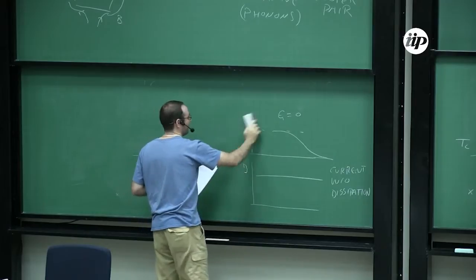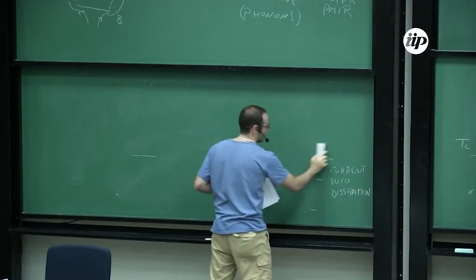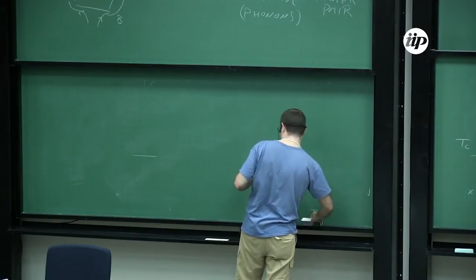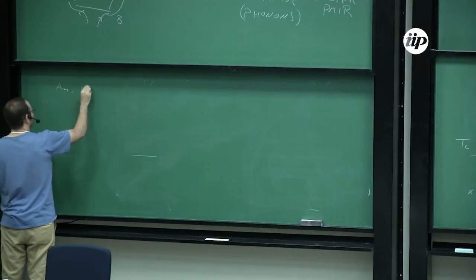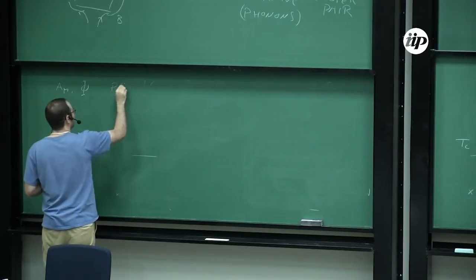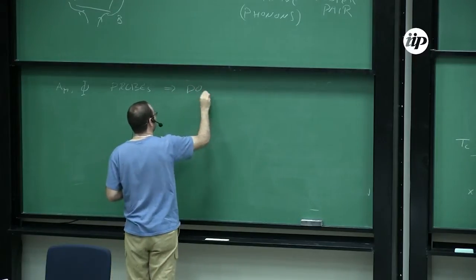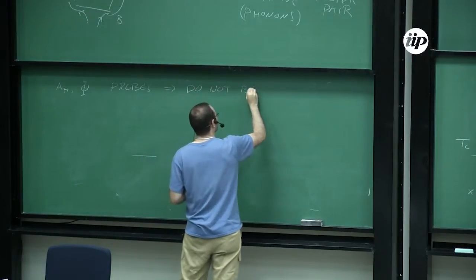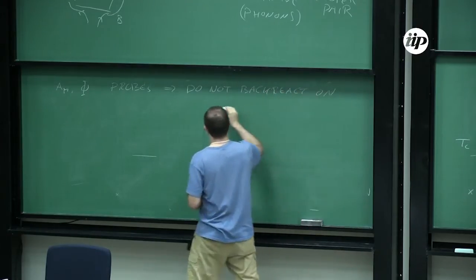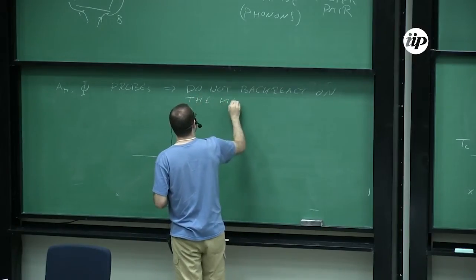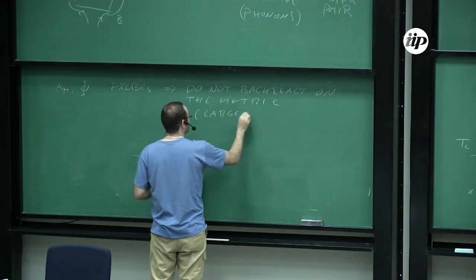So I'm going to make some simplifications. The first one is that I'm going to take the gauge field and the scalar to be probes. So the gauge field in the bulk and the scalar are going to be probes. And by this I mean that they do not back react on the metric. Okay, and this you can see as the large charge limit.